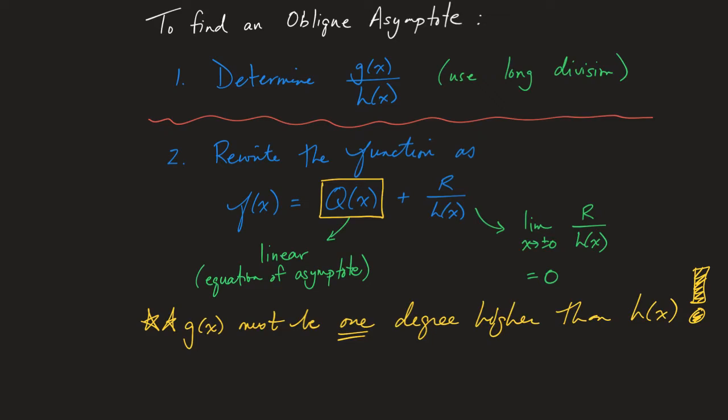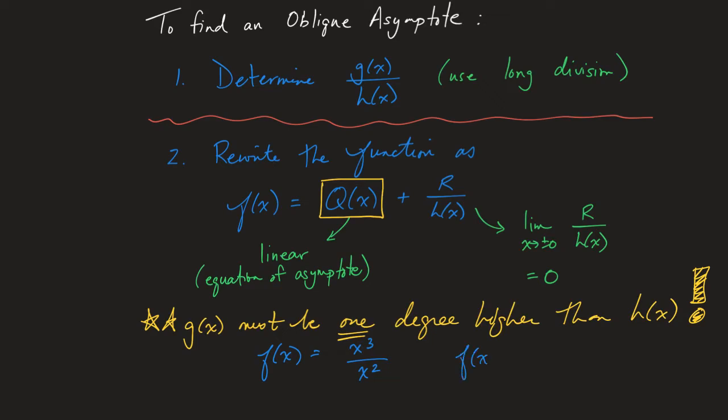And so if I was to try to explain that a little further, if my original function had a cubic on top, then if there was going to be an oblique asymptote, my denominator has to be 1 degree smaller. And so we could see that if we took a cubic and we divided by a quadratic, that would give us a linear quotient.